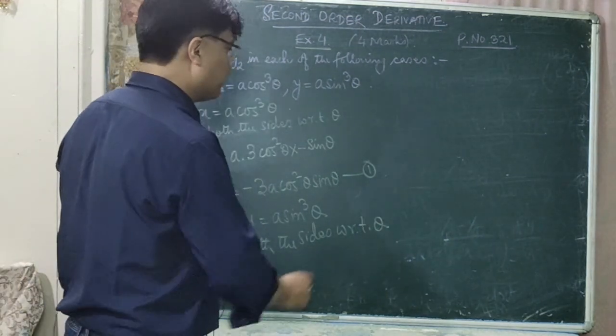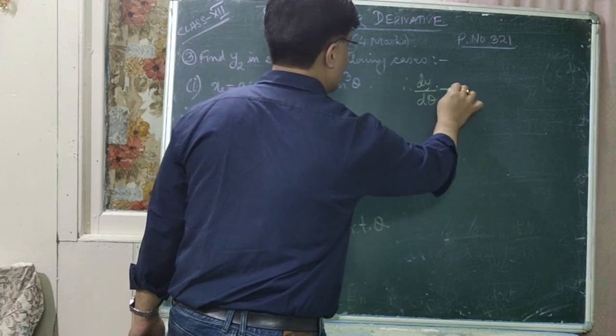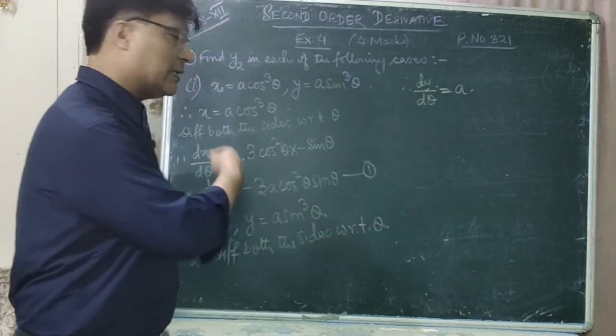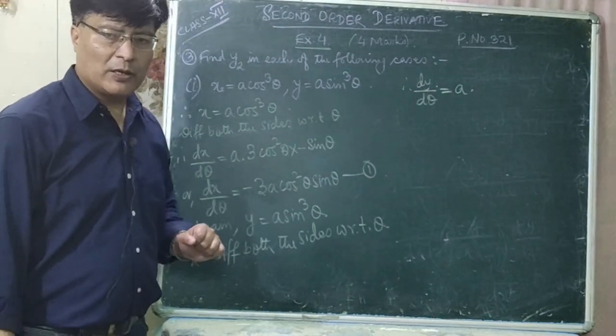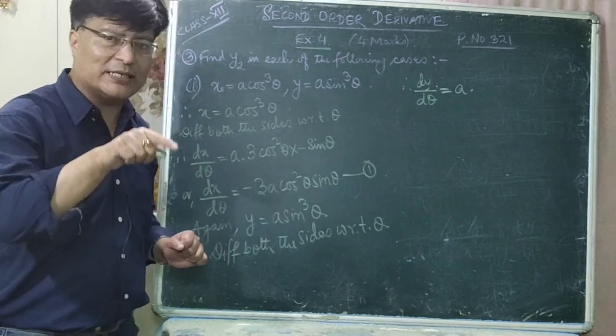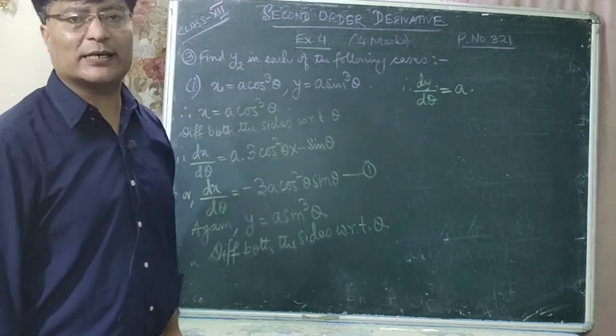So what do we get? Therefore we are differentiating both the sides with respect to theta, that is dy by d theta is equal to a into, let us take it as theta cube. What is the differentiation of theta cube with respect to theta? It is 3 theta square. Which function is taken as theta? That is sin theta is taken as theta.